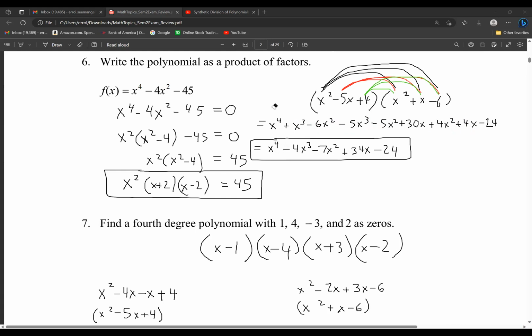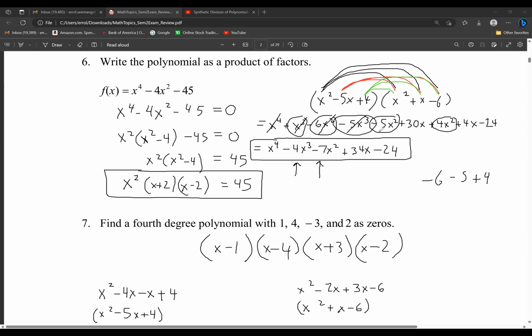x^4. Okay, so let's double check that. x^4 is x^4. x^3 and this one: 1 minus 5 is negative 4 right there. Okay, we're good there. So this one's done and this one's done. x squared is this one, this one, and this one. Negative 6 minus 5 plus 4 is negative 7, which is this negative 7.